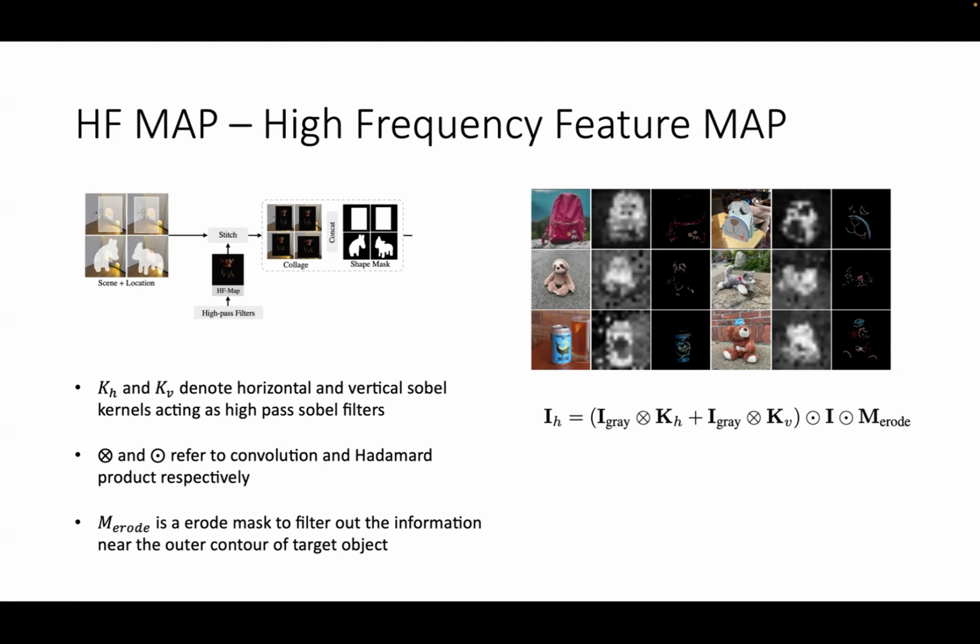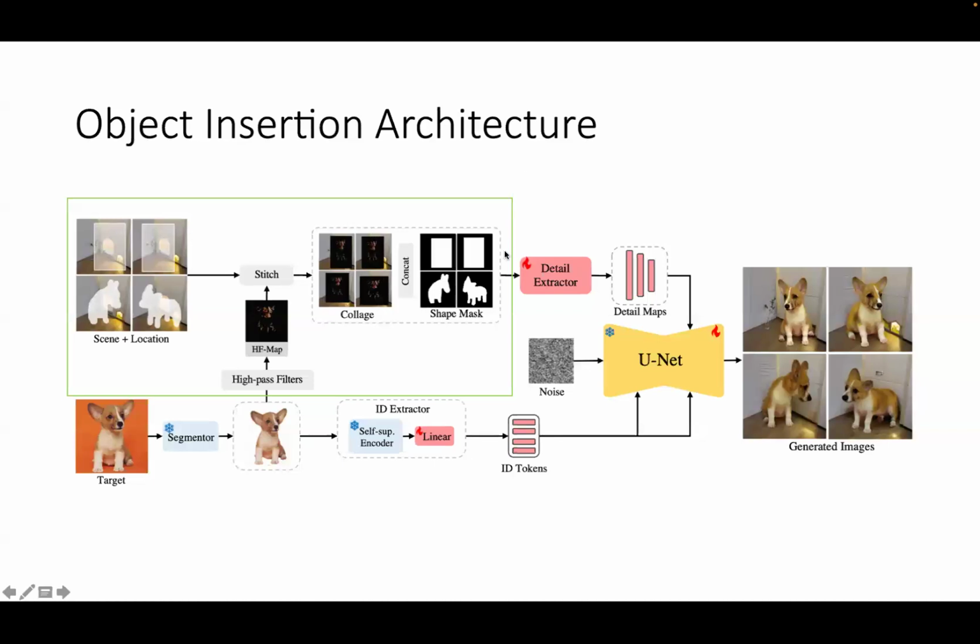Could you repeat your question? The detail extractor, if you go to the architecture, here is the detail extractor output, the detail maps. In the detail map, it has to see the shape mask as well as the collage as well as the scene plus local information, because it requires to know in what orientation it has to place, what the context is, and what the object details are.